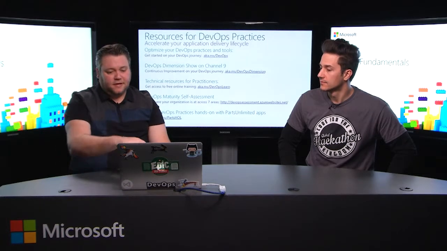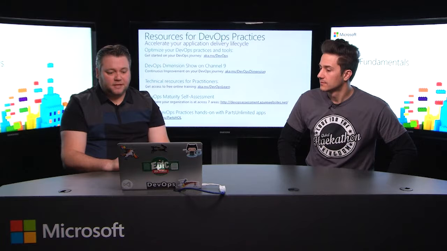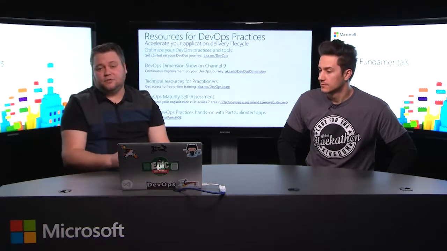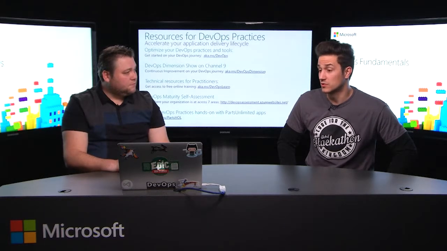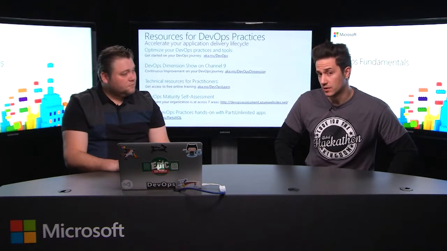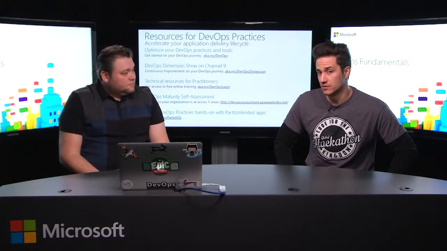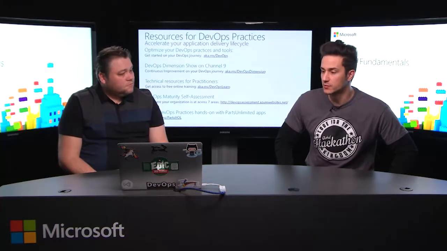And at the end there, we have the hands-on labs for Parts Unlimited. There's a couple of labs there for App Insights and telemetry, so if you want to check that out, that's in there as well. Yeah, so since we're on the last module, we'll go through all of the options there. The top one is going to give you our home Microsoft landing page for DevOps. There's a lot of different things that we push in that space.